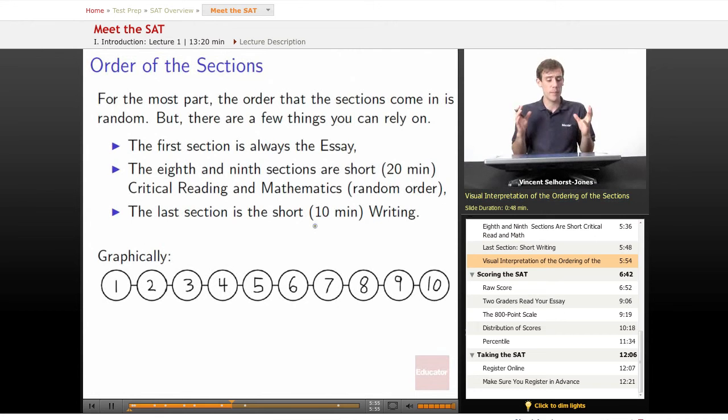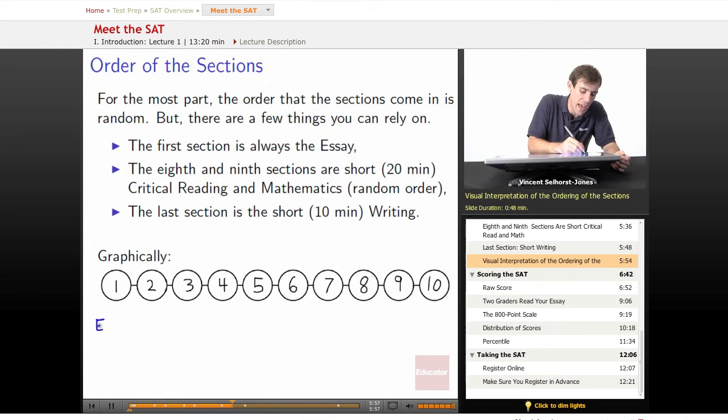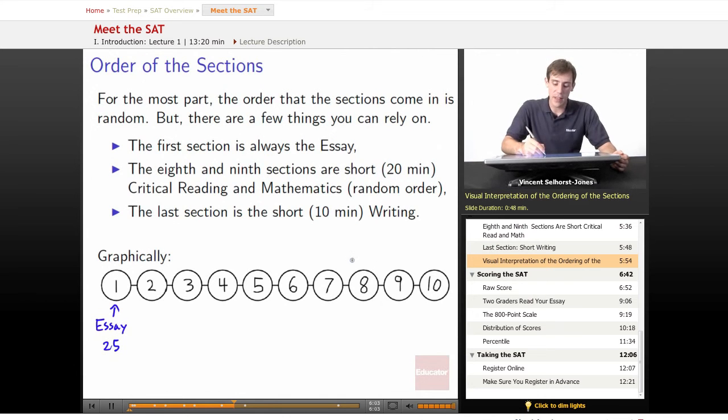If we were to turn it into a picture, then we would start off with essay at the very beginning, weighing in at 25 minutes. At the end, we will wind up having critical reading and math. Not sure what the order is, but we do know they'll each be 20 minutes.